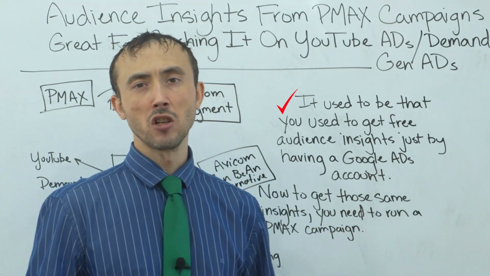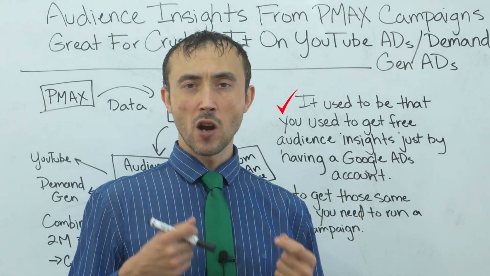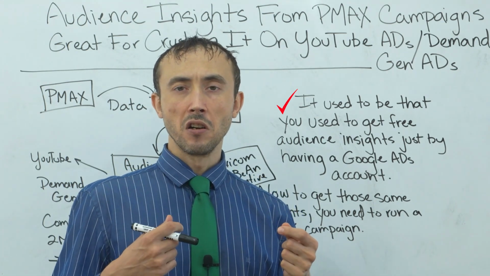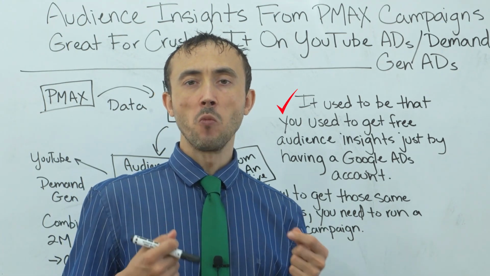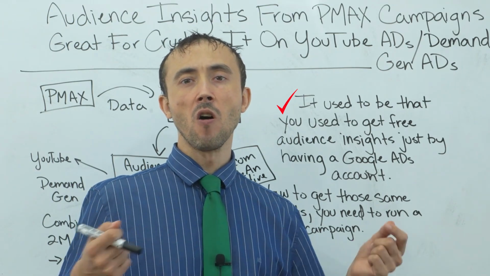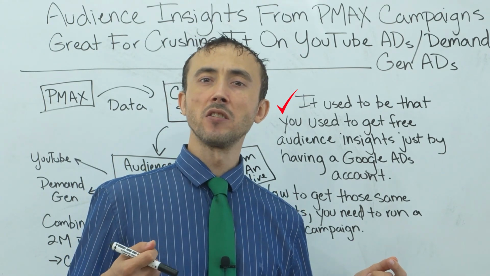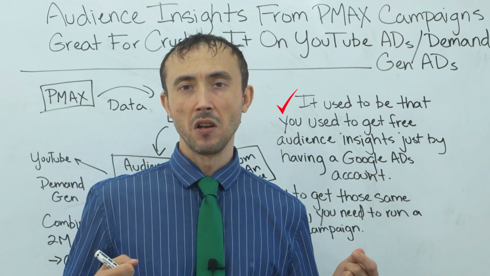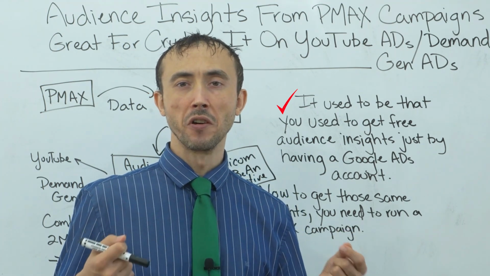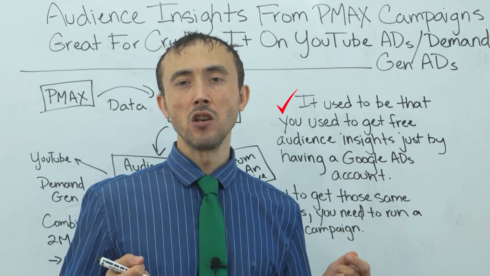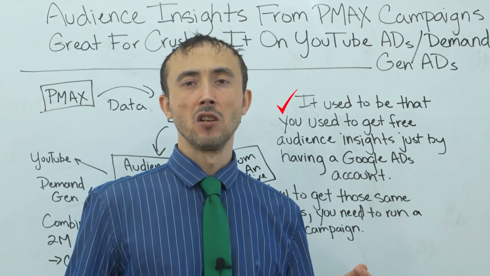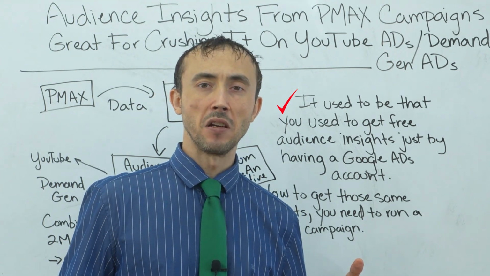You used to be able to just go ahead and put a tracking tag on your website. And then with that, Google will look at all the people visiting your website, as well as the people that, if you had goals set up, people that converted into a customer or a lead, they would then tell you their traits, their hobbies, and all this, so you could use to build advertising campaigns.